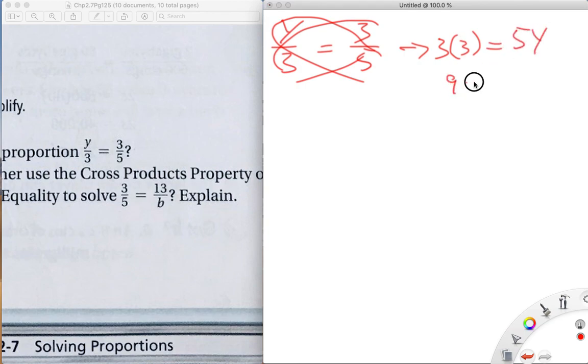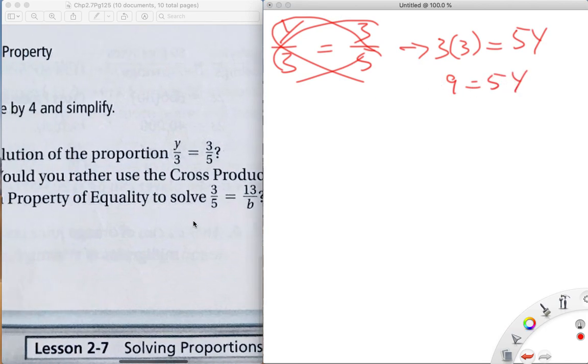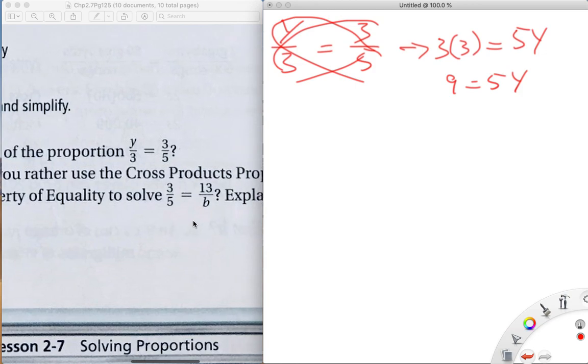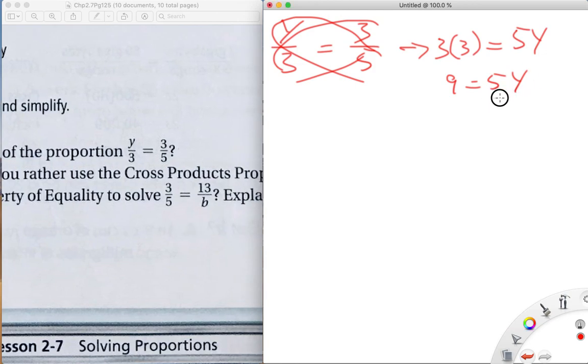So it would be 9 is equal to 5y. And then I can solve for y by dividing by 5. And I can say that y is 9/5. If you want to take it a step further, you can say 1 and 4/5.